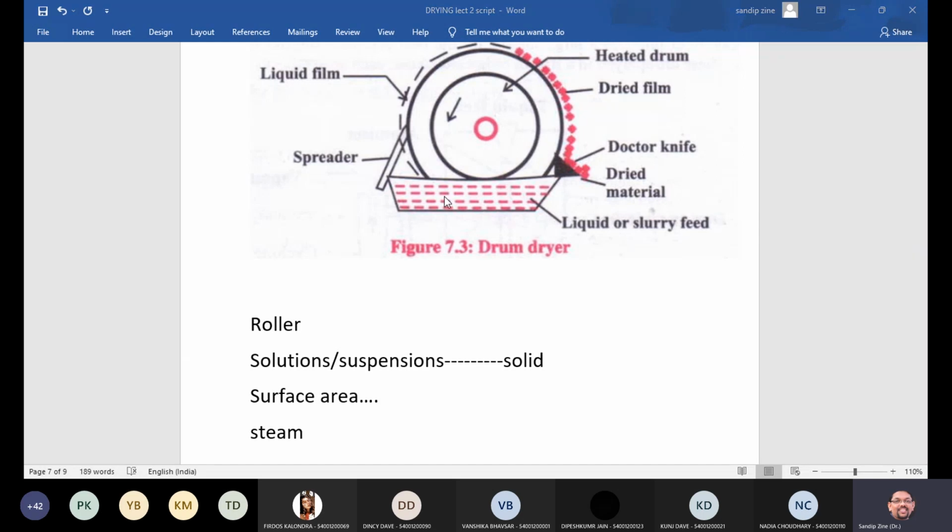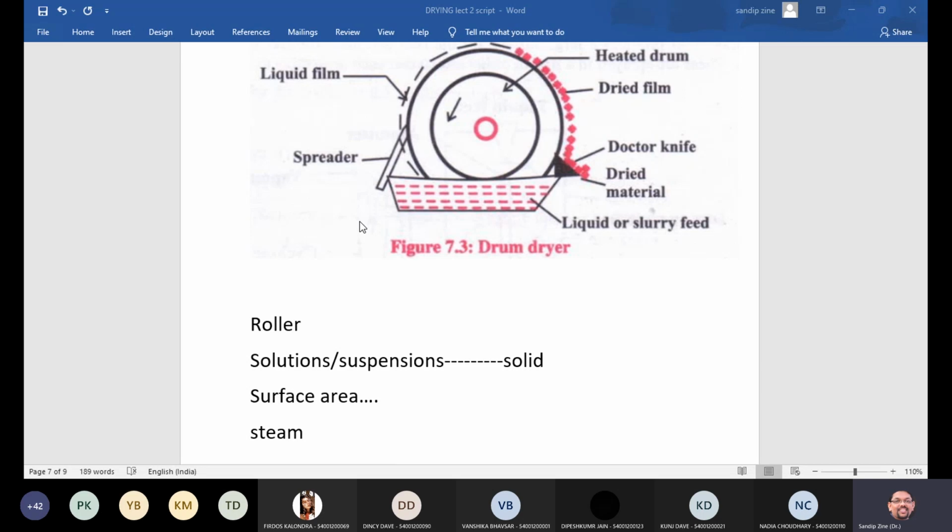That is easy if you remember the diagram. So if you see the overall construction, you can write all these points in a very systematic manner. So this is the overall construction, and then working is the same thing. As the drum rotates, the liquid material gets adhered to the external surface of the drum.